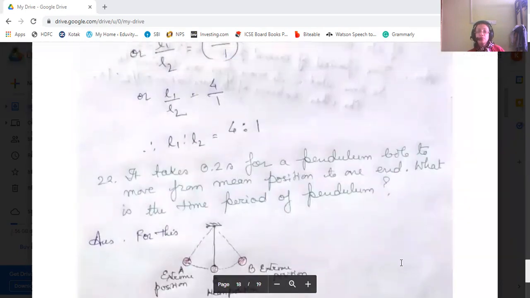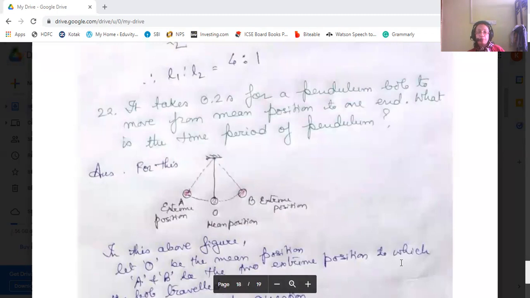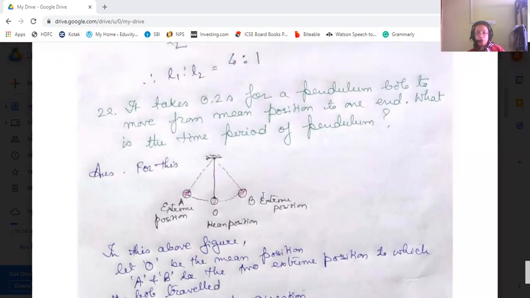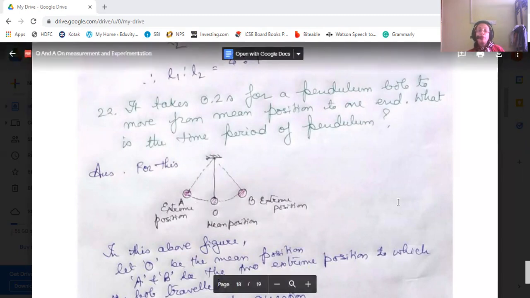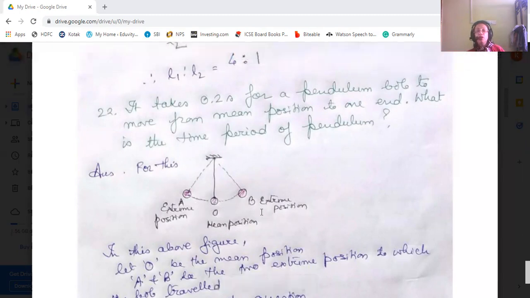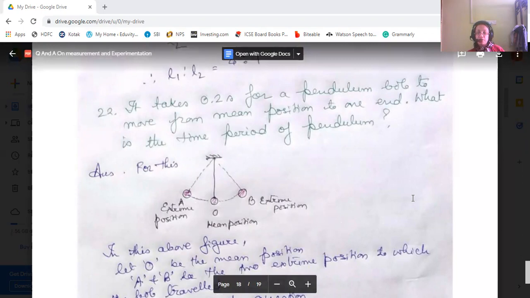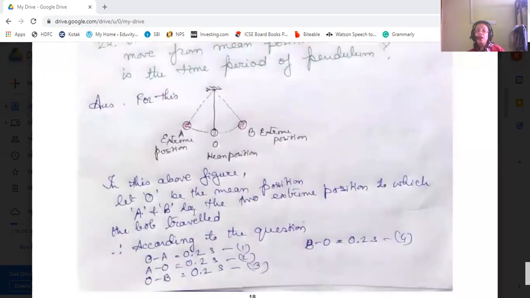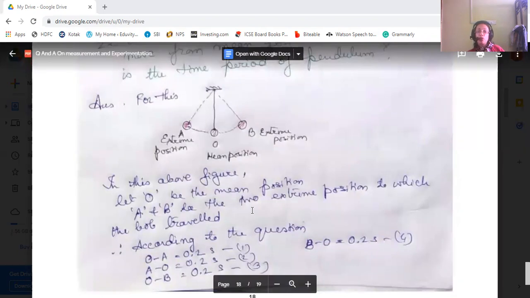Next: it takes 0.2 seconds for a pendulum bob to move from the mean position to one end. What is the time period of the pendulum? In the figure, let O be the mean position and A and B the extreme positions to which the bob will travel.